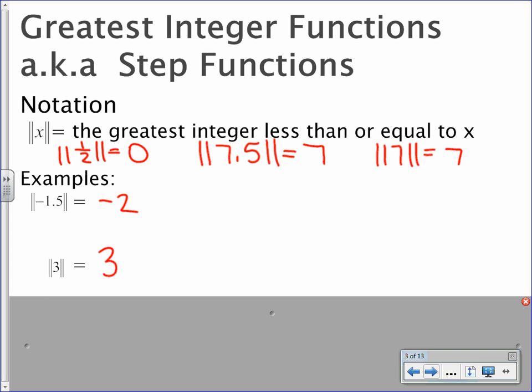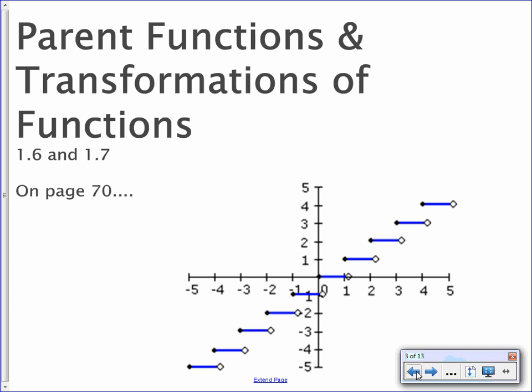Now that you know what it is, let's talk about why the graph looks the way that it does. Anything I plug between 0 and 1 into the greatest integer function: if I plug in 1/2, it gets bumped down to 0. If I plug in 3/4, it gets bumped down to 0.